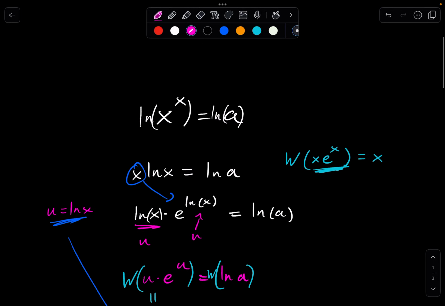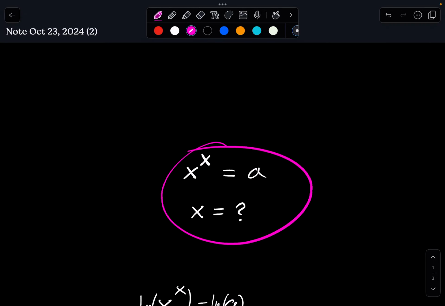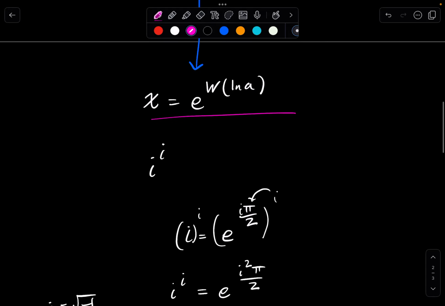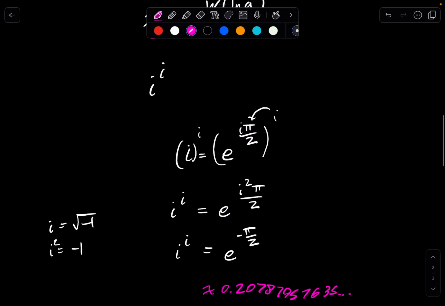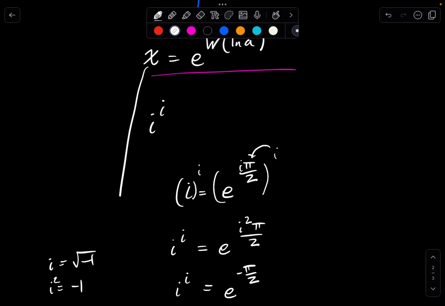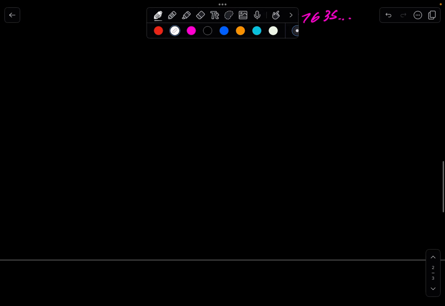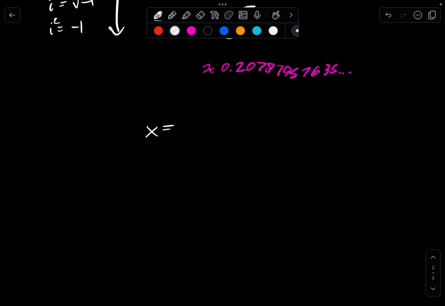As we said earlier, a solution to this equation is x is equal to e to the W of ln of a. So let's take this equation and let's apply it further. We said that if we have x to the x equals a, x is equal to e to the W of ln of a.